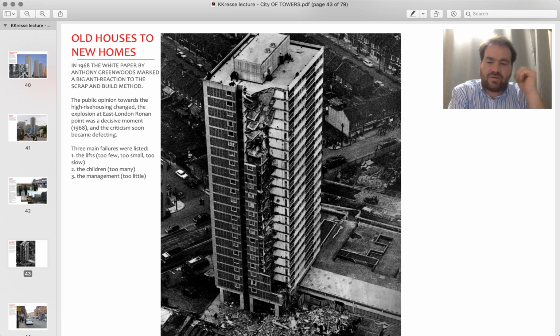And a couple of those failures of this high-rise, or what was perceived as a failure, you see in these 3 points. There are too few lifts, with long waiting times; they were too few, too small, too slow. And then there were a lot of children there, meaning it's very noisy. And then there was too little management, which also means too little maintenance.